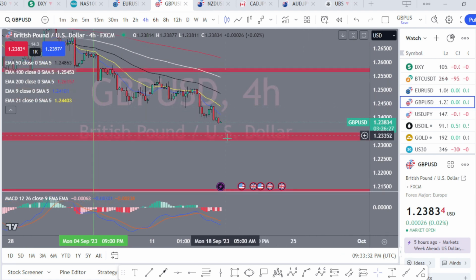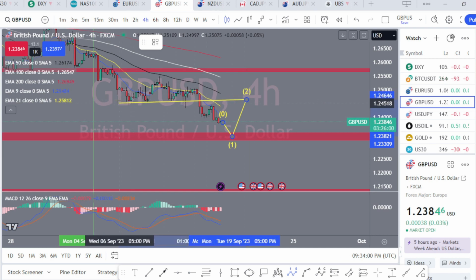It's getting closer to that monthly resistance right here, so most likely it will hit that resistance. If it hits that resistance, it might go here, come back to test here and come back down, or it might come back down and then go test that area right here.